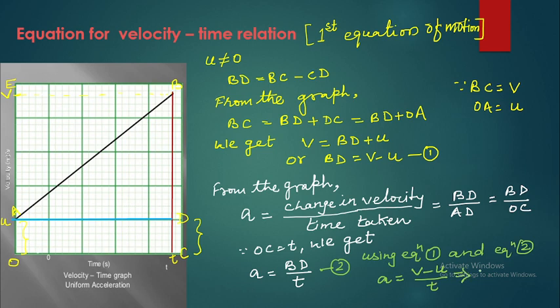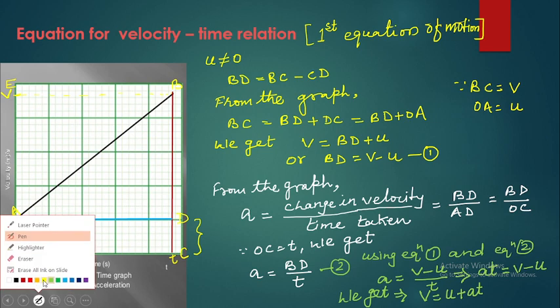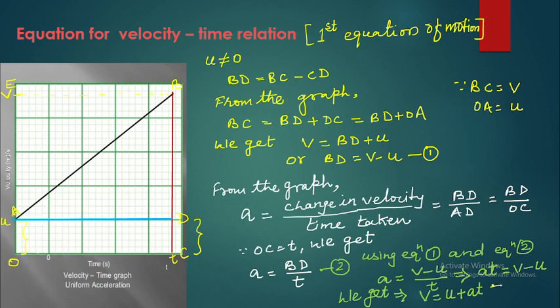This implies at is equal to v minus u. So we get v is equal to u plus at. And this is the first equation of motion.